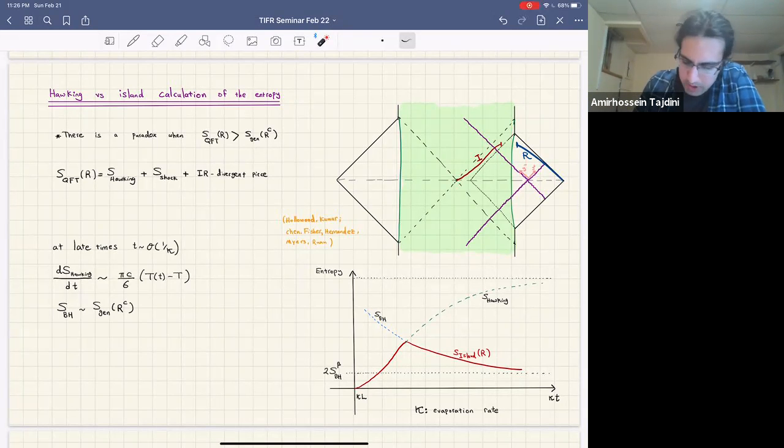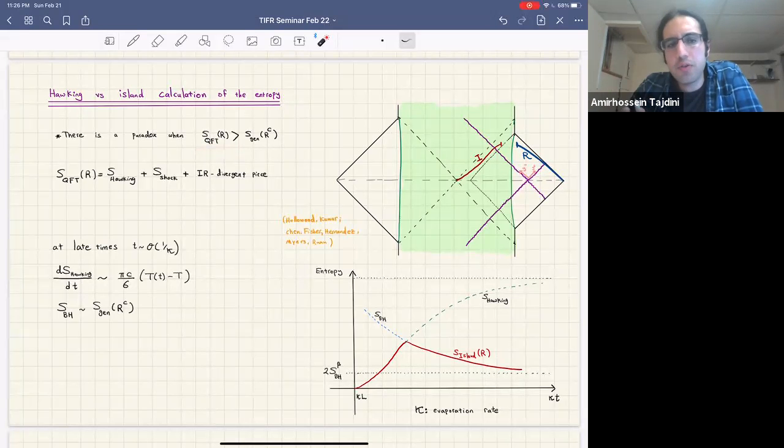We can consider it in different situations. One situation is, you have these shock waves, and the black hole starts to evaporate. Let's just stay in the right region and look at the entropy at later times. You look at the quantum field entropy for this region R, and there will be a paradox if the entropy of your quantum fields in region R is bigger than the generalized entropy of its complement.